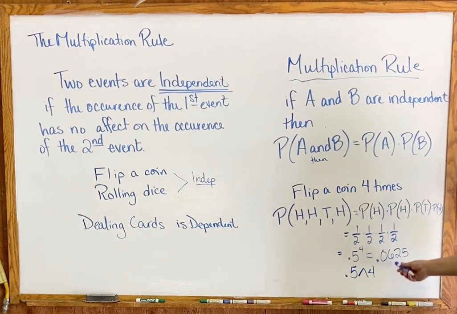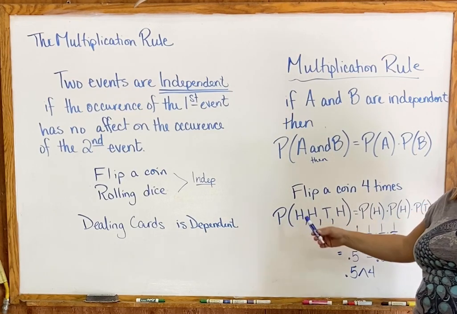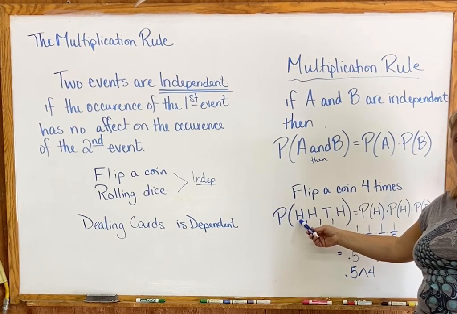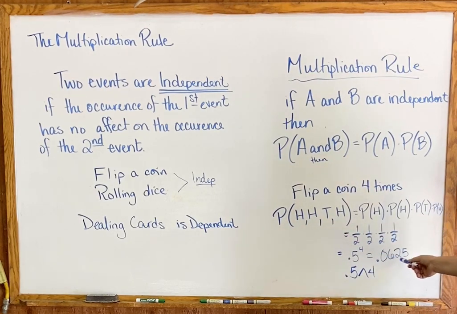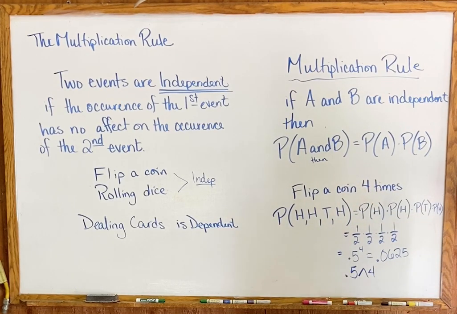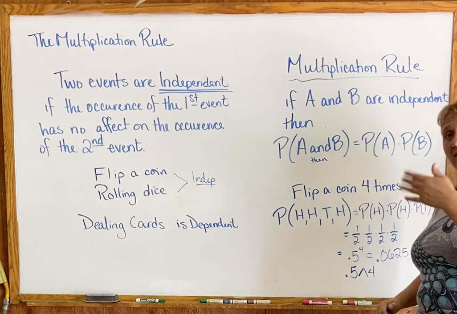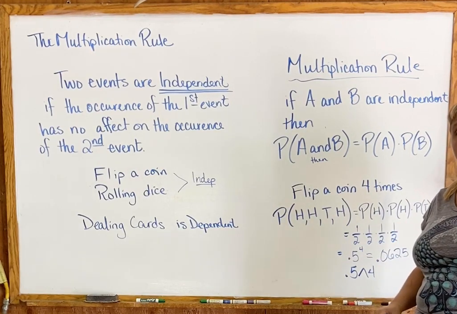Okay, so look at this. There's a 50% chance that you flip the coin one time and that you get a heads. Okay, but if you want 4 things to happen in order, look at what happens to that probability. In the end, to get a heads, heads, tails, heads, there's actually only a 6.25% chance that that's going to happen. So what happens is, as you want things to happen one after the other, that gets harder and harder and harder.